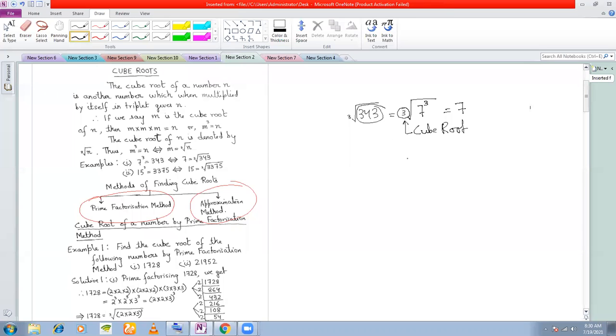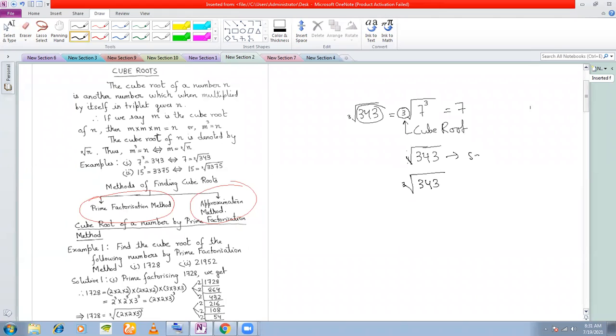Now see, coming back to this, when you write the square root of 343, you don't give a 2 here. When nothing is written, this radical sign means square root. But if I write a small 3 here, this becomes the cube root.